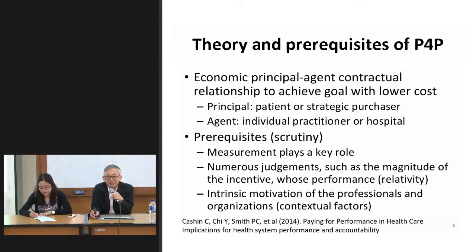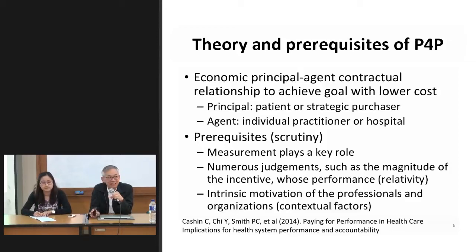The first is the measurements. The measurement plays a key role. That means, from the previous definition, you remember that it depends on the KPI assessed. So if you have the system to measure the KPI, or that selected KPI is correct.